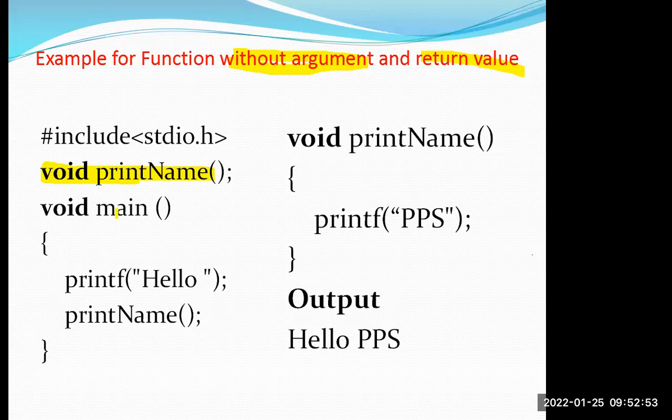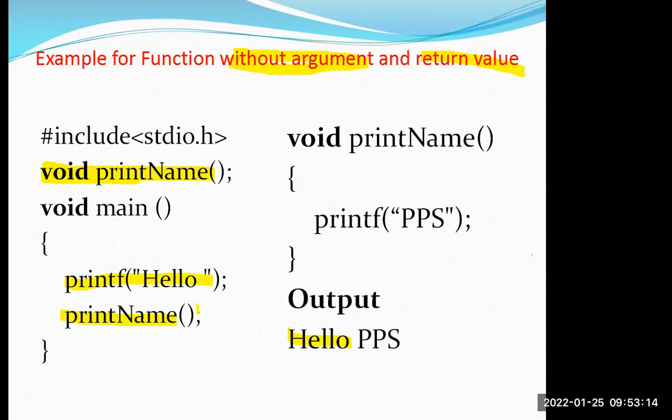Its starting line is also a function call. Next, it first prints hello on the screen. Then you call the function by the name of the function. Within the open bracket, there is nothing.